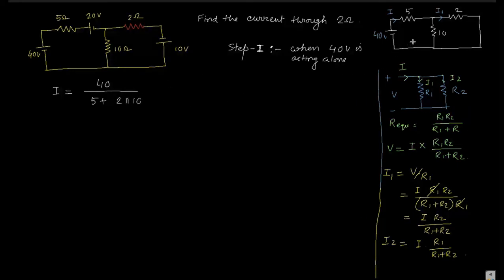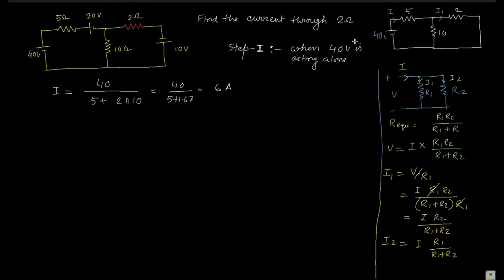These 2 and 10 are in parallel. What is the value of 2 parallel 10? The 2 parallel 10 gives you 1.67. So it becomes 40 divided by 5 plus 1.67, which is nothing but 6 ampere.